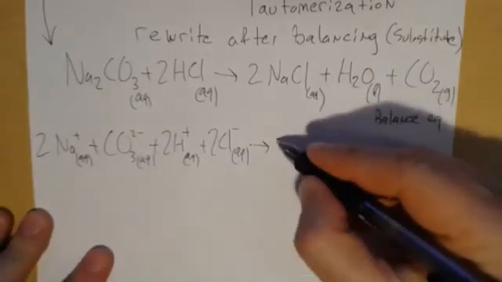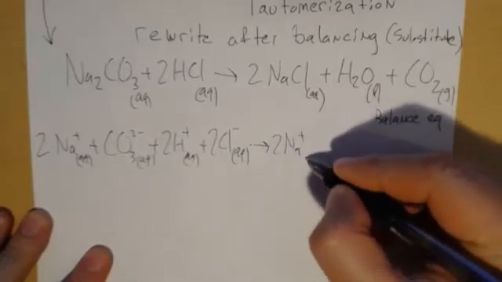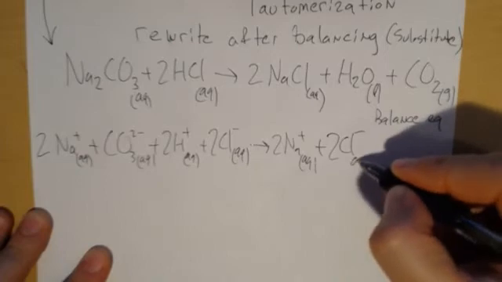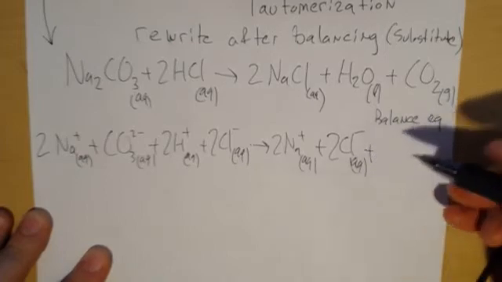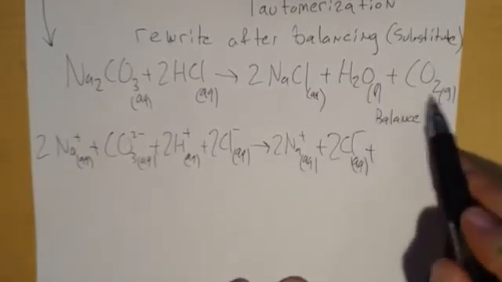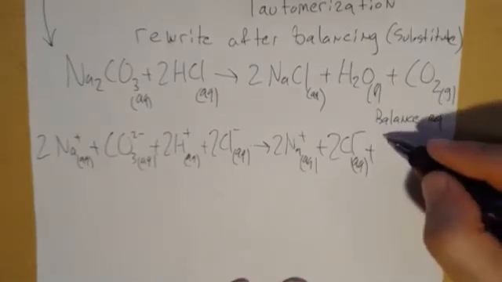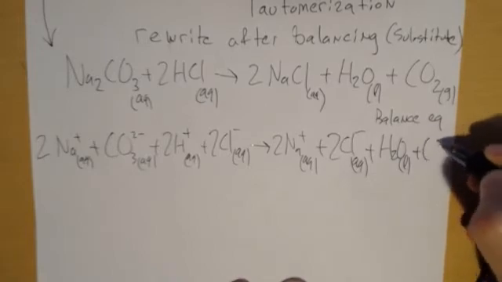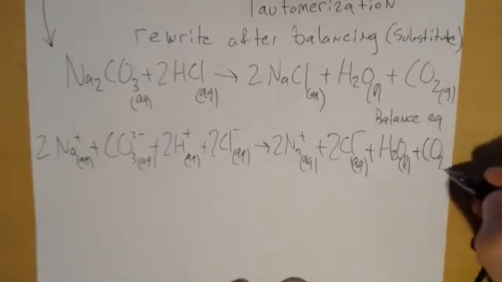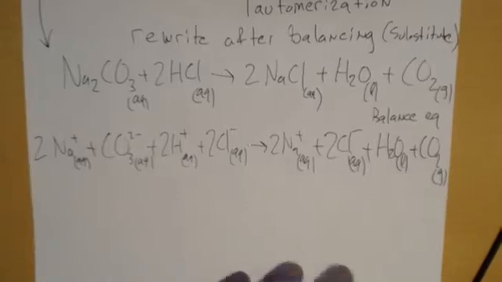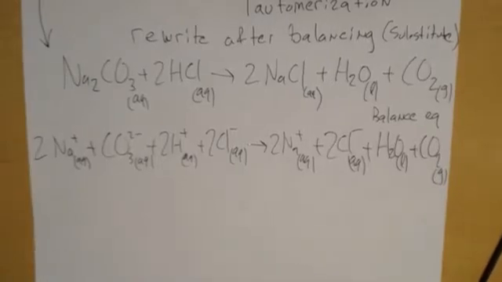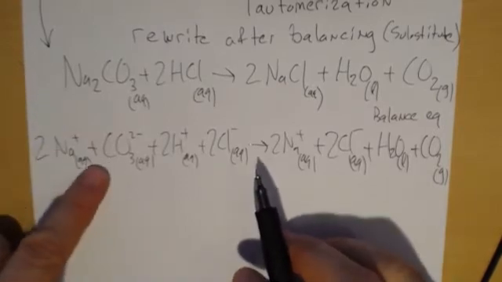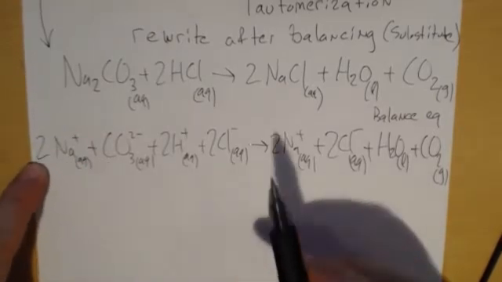So 2 sodium plus aqueous plus 2 chloride minus aqueous plus, okay, now liquid and gas, I'm going to leave those as is. H2O liquid, CO2 gas. Whew, so I'm writing it bigger. You guys are welcome to write it smaller, but I recommend when you do the total ionic that you move all the way to the left and give yourself enough room.